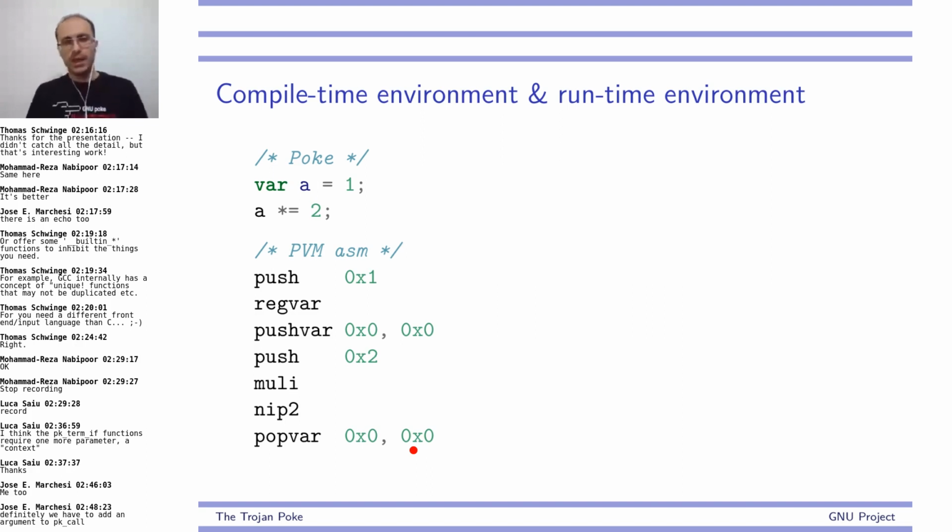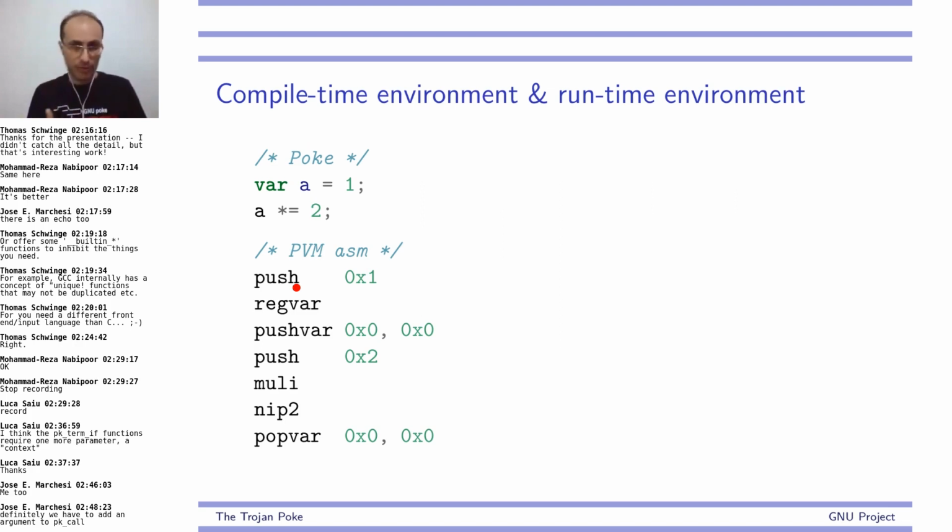Okay. But why am I showing this to you? Because to tell you that if you see the PVM code, it has no idea about variable names. These are for the compiler, these are for the runtime, and these are different kinds of things.